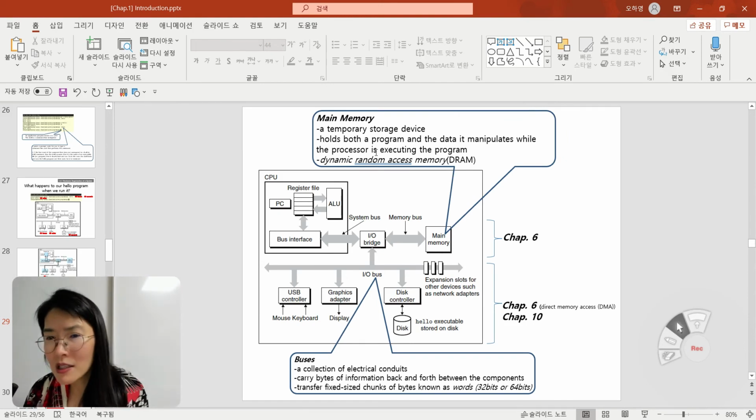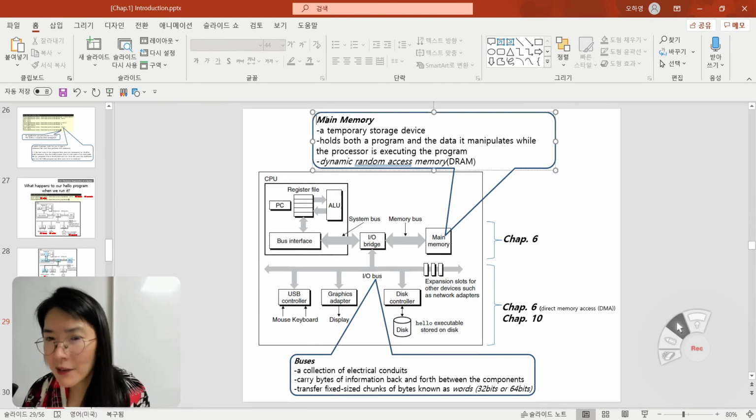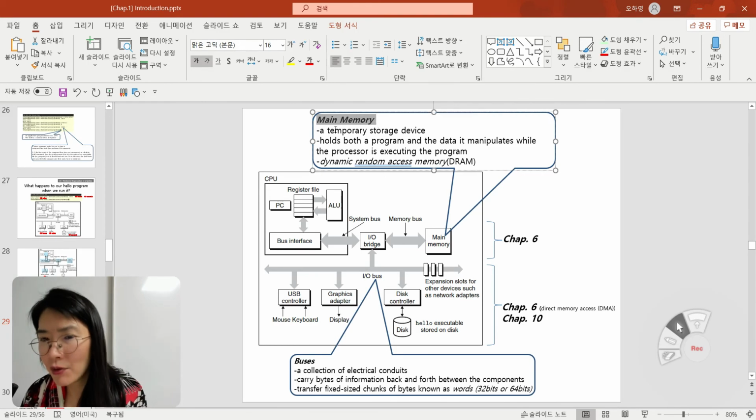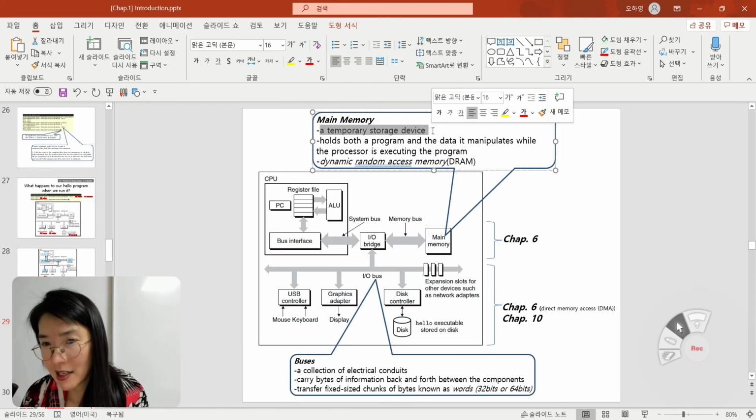So what is the main memory? Have you ever heard about the main memory? Right, you have heard main memory many times regardless of our lecture, right? In fact, main memory is a temporary storage device. It holds both the program and the data it manipulates while the processor is executing the program.